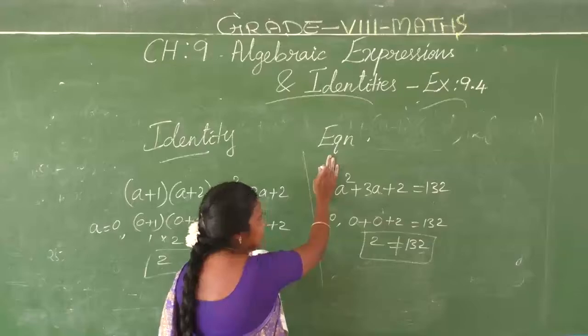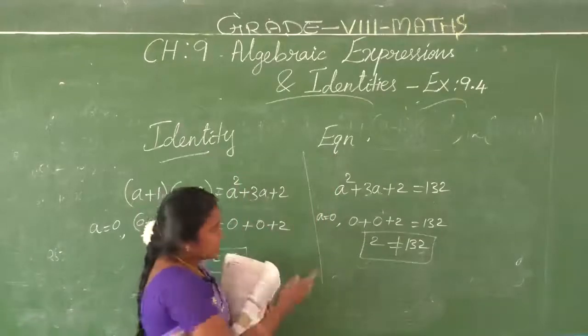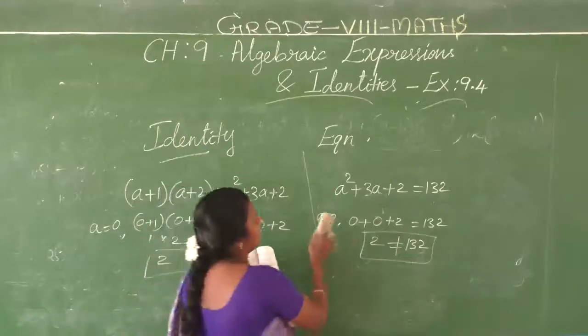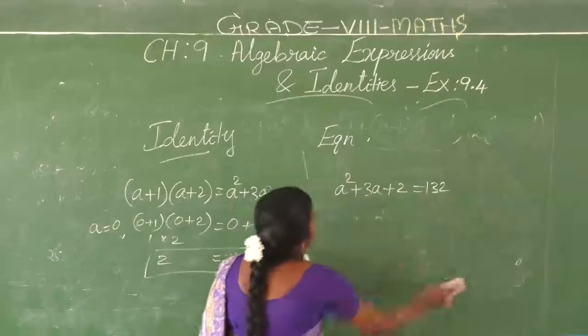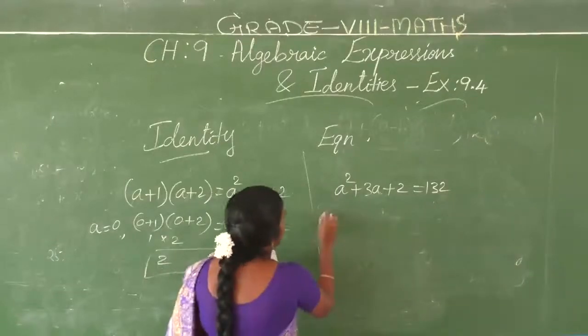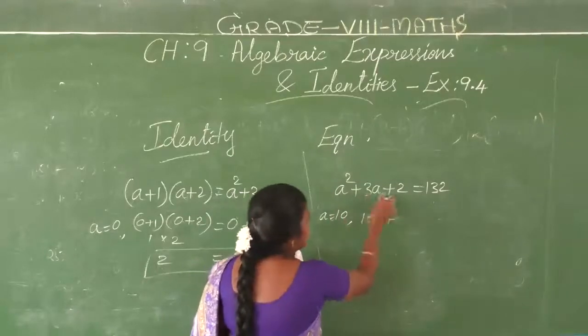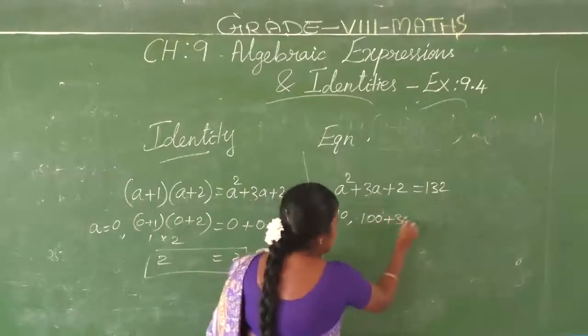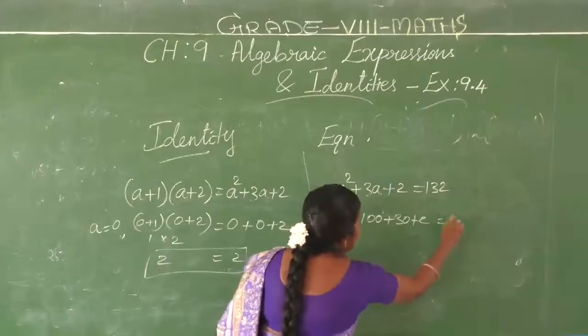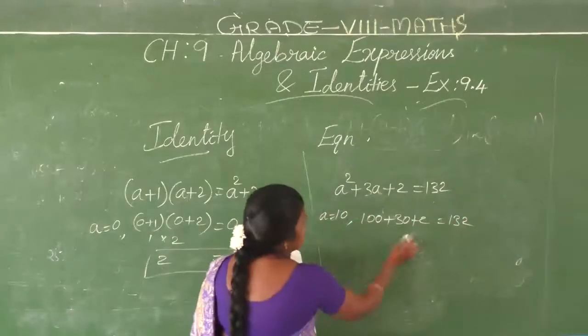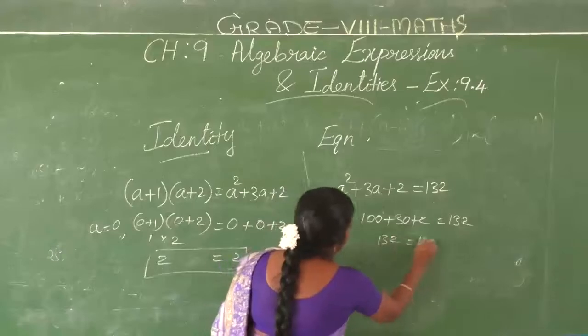So this is the equation, this is the identity. It becomes equal when we give the value 10. A equal to 10: a square is 100, plus 3 into 10, 30, plus 2. The right hand side is 132. 100 plus 30 plus 2 is 132, same as 132.